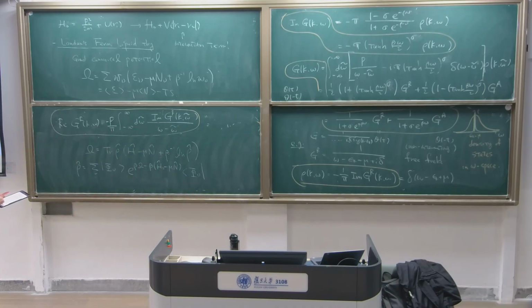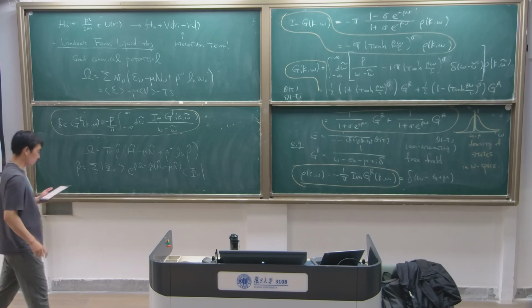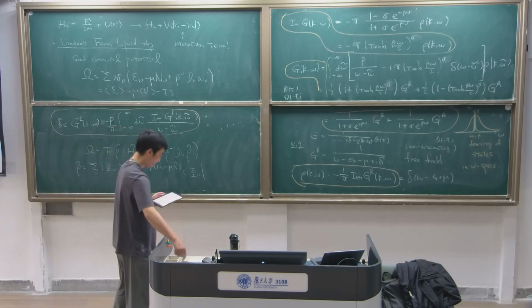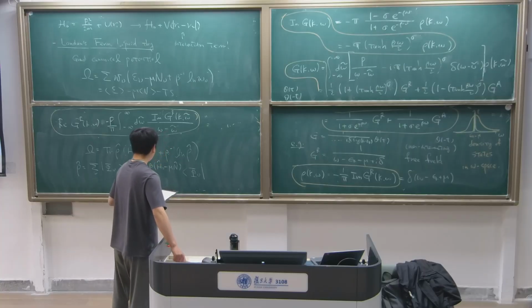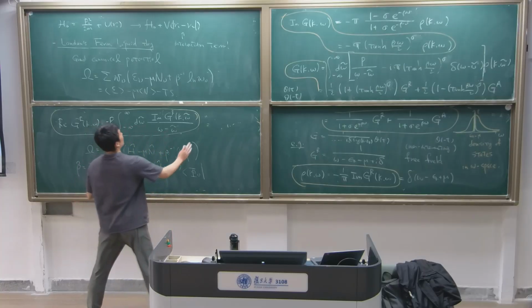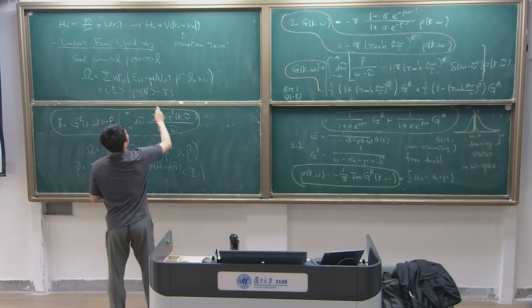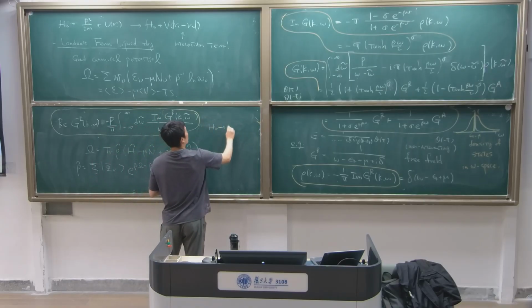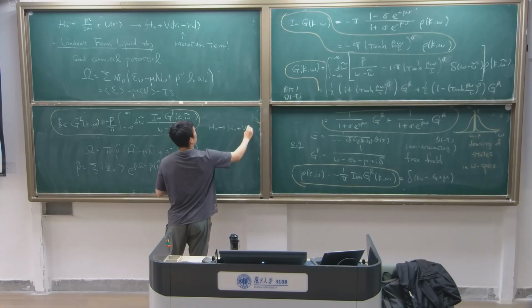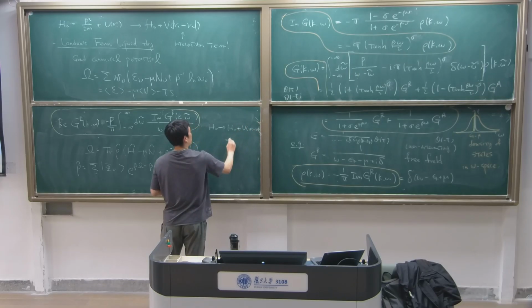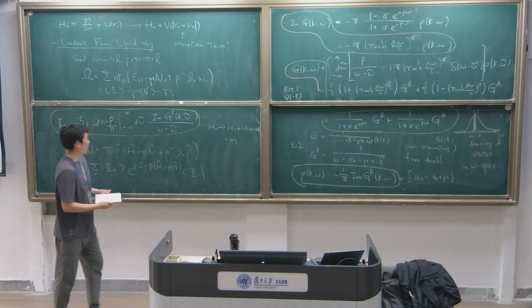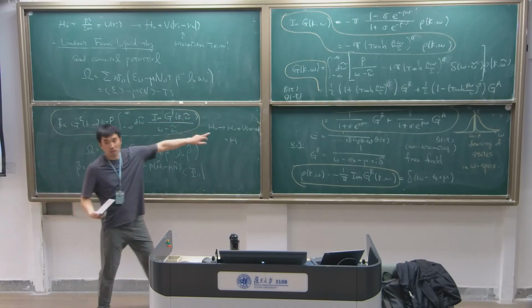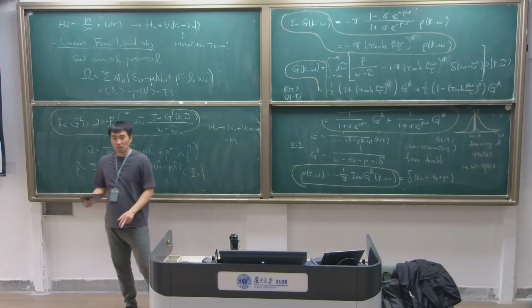But now it's no longer H0. As I mentioned, we change H0 to H0 with the potential, and I call this one H, the full H. So this H includes the interaction term.